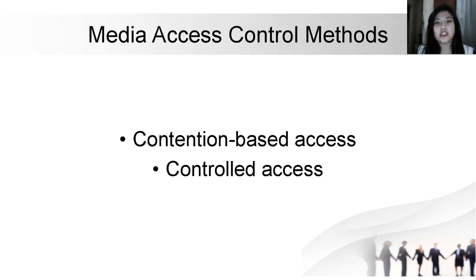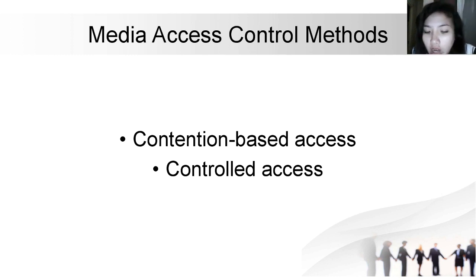Lastly, media access control methods are contention-based access and controlled access. Some multi-access networks require rules to govern how devices share the physical media. So these two basic access control methods are for shared media.